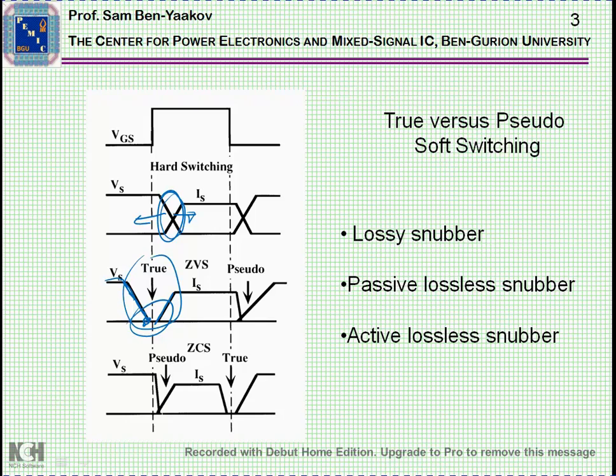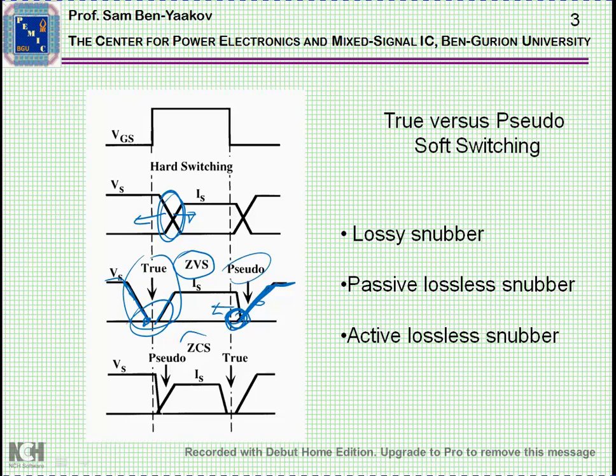And of course, the switching losses will be very low here. A compromise is the pseudo soft switching, in which we really don't separate the two, but rather we slow down one of them, in this case the voltage, so that there's only a minimum overlapping. So this will be called a zero voltage switching.